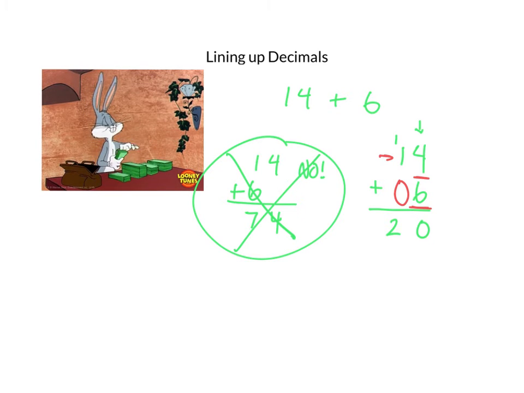So I can put a 0 there in front of the 6 if I want to show that there are 0 tens with the number 6. Okay, so you guys have been lining up place values for a very long time when you've been adding and subtracting.